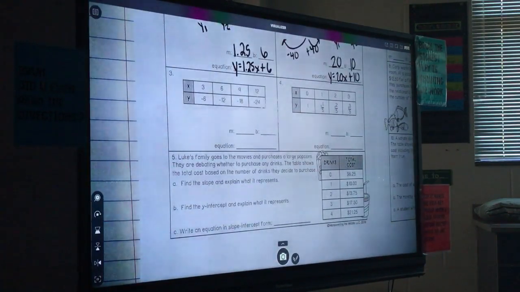It goes up by 2. No, it goes up 3, and then it goes down. So it's gonna be 3. No, negative 6 or 4. So y equals negative 2x.